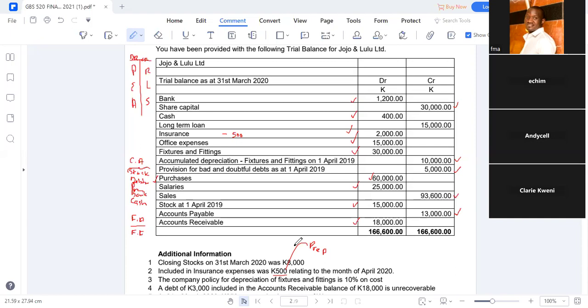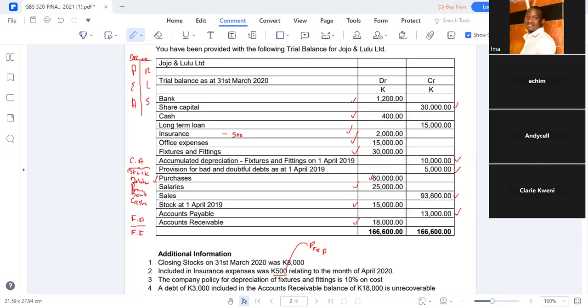So let's go to the second adjustment. Included is insurance of 500 related to the month of April. Can somebody tell me how we are going to treat this? So this one will debit the prepayment account and credit the insurance expense. Okay, so we'll look at the format.